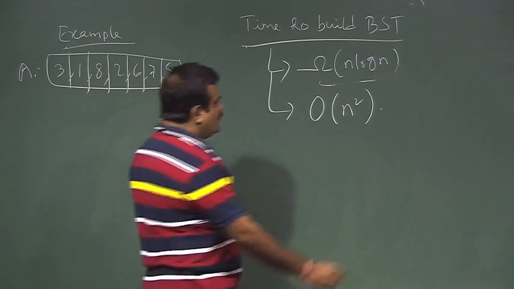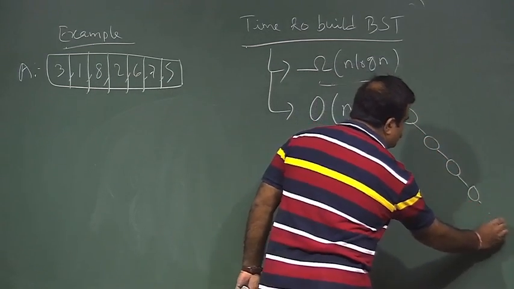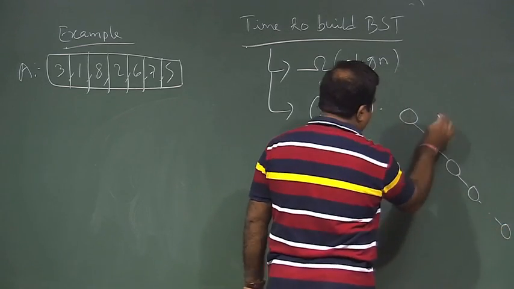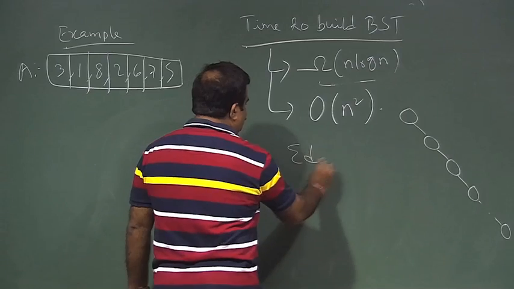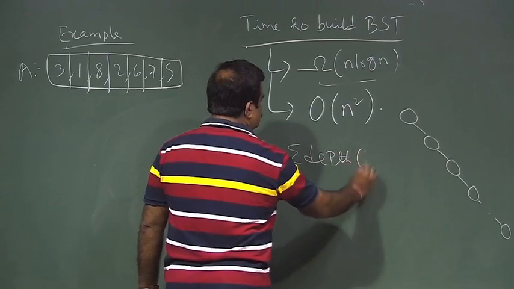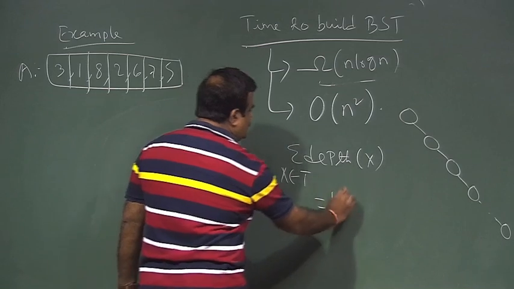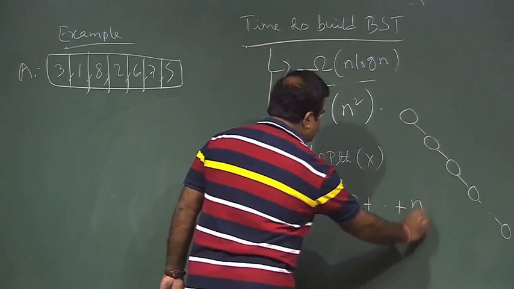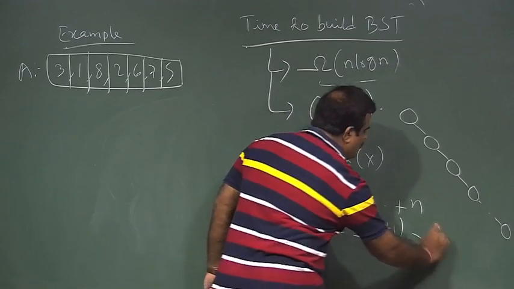Worst case is if the tree is a bad tree, like if the tree is like this. If there are n nodes, then what is the summation of depth of x, where x is in the tree? This is basically an arithmetic series, n into n plus 1 by 2. So, this is order of n square.